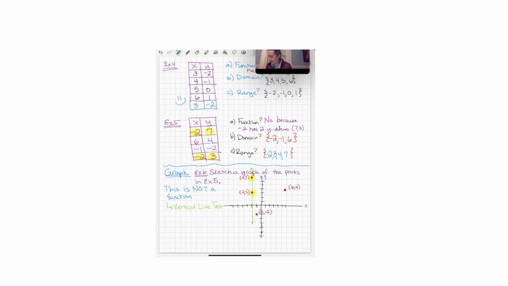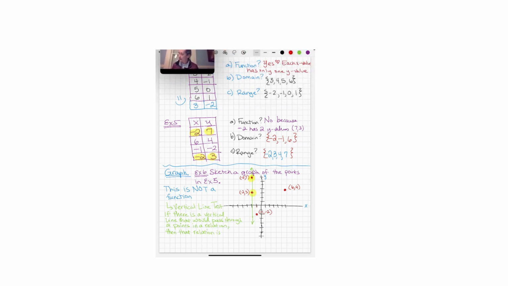And the test says something like this. If there is a vertical line that would pass through 2 points in a relation, then that relation is not a function.